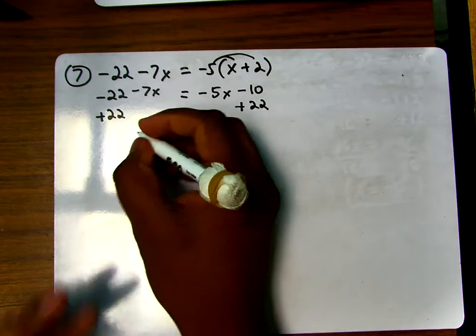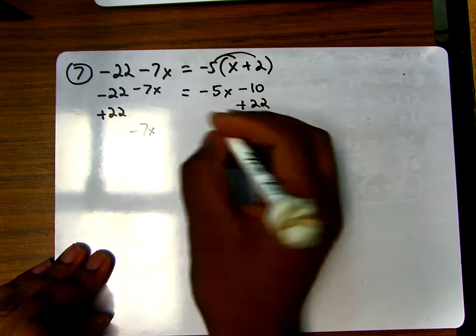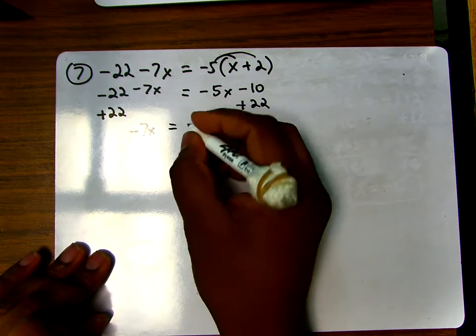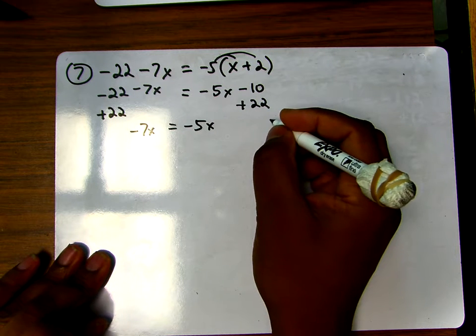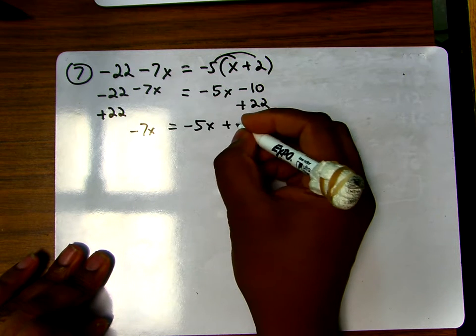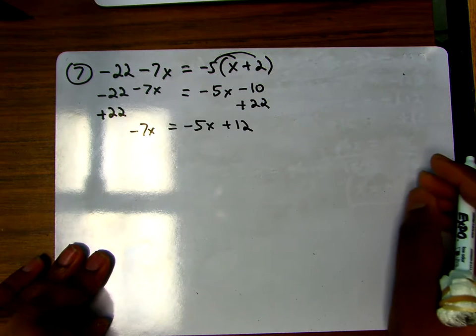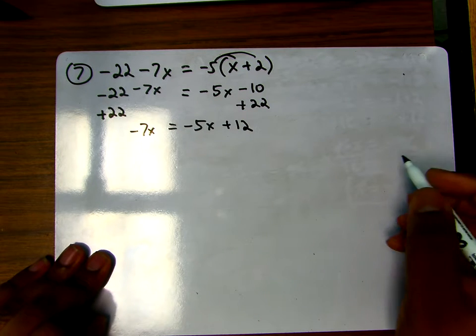Okay, so on my right side, I have -7x all by itself is equal to -5x, and -10 plus 22 will be a +12. All right, now I know what I have to do.